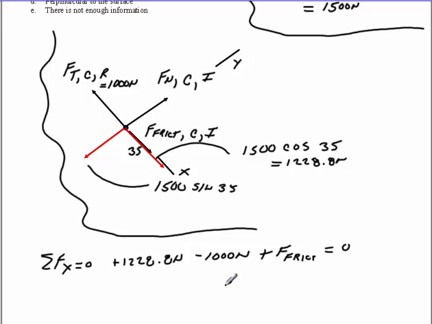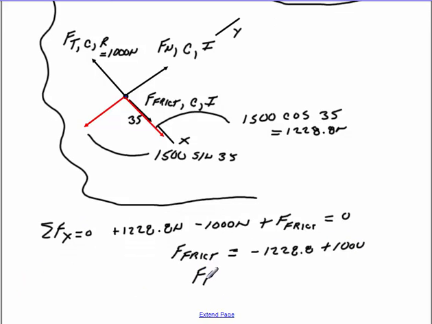I'll move everything to the right side, and when I do that, I will get F friction is equal to, now notice I made this positive only because I'm showing it going down. So when I do that, I get F friction is equal to minus 1228.8 plus 1,000. And when I add those values together, I get F friction is equal to minus 228.8 newtons.